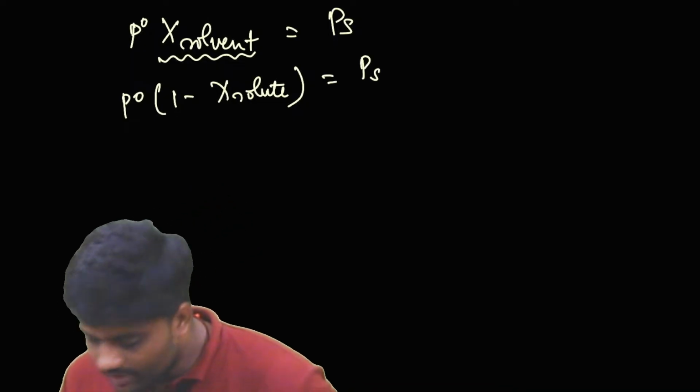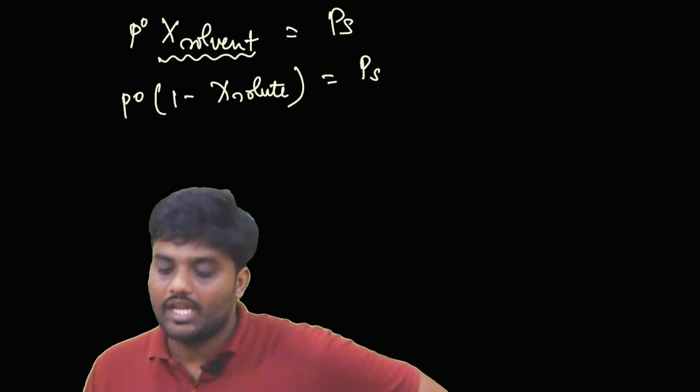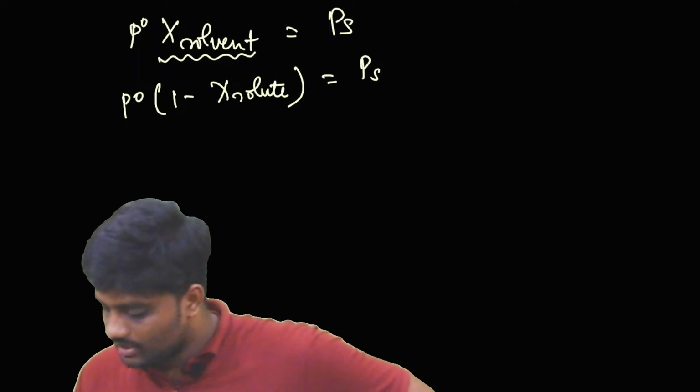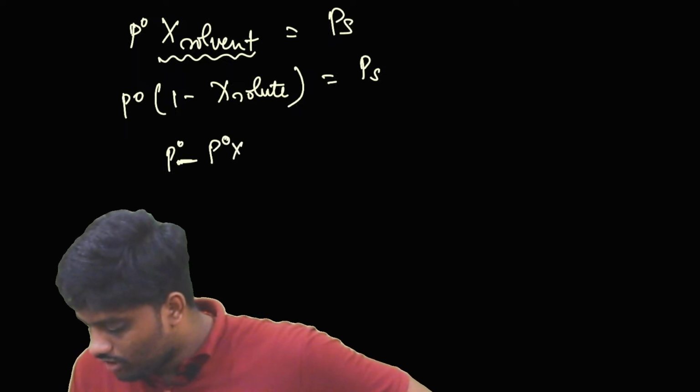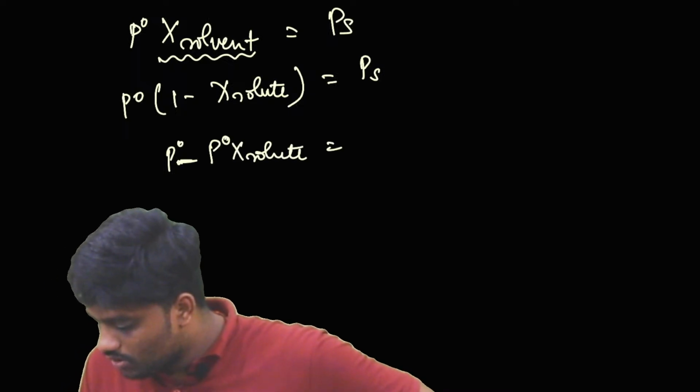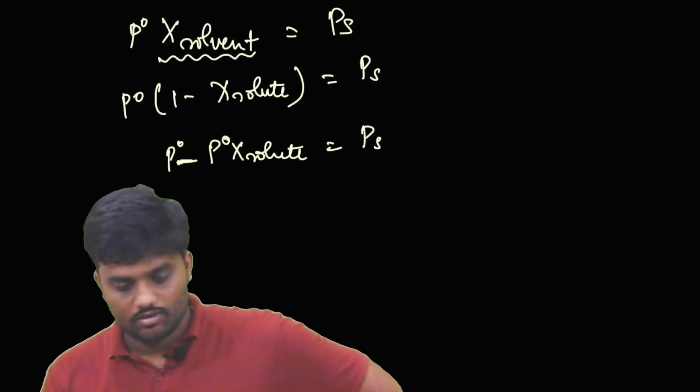Solving this complete equation, we get P naught minus P naught times psi of solute equals PS.